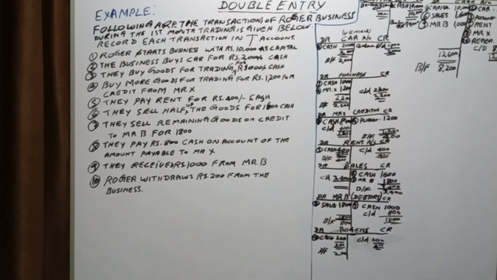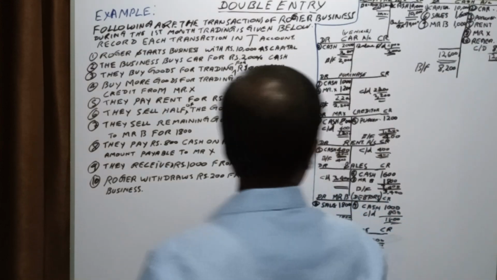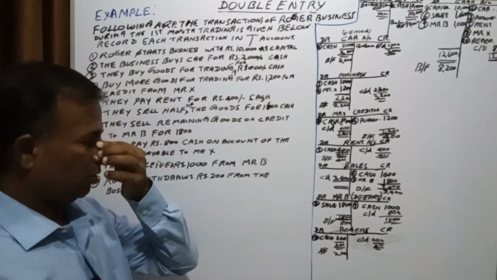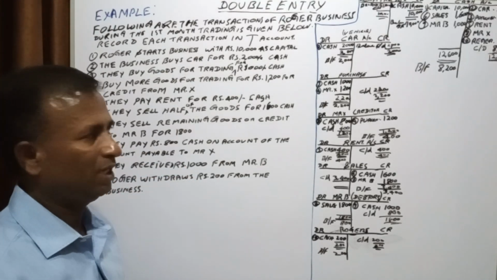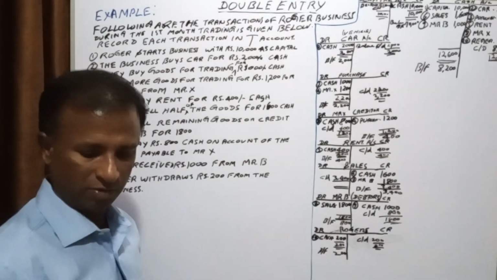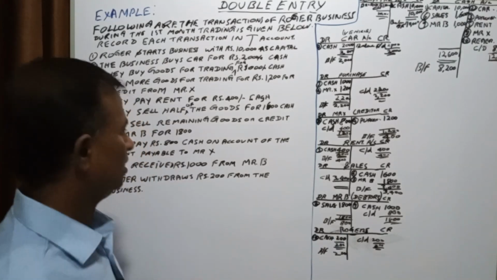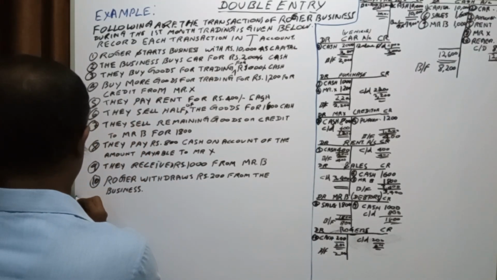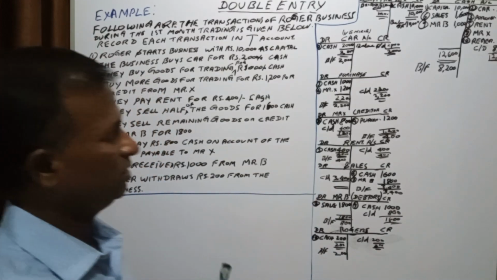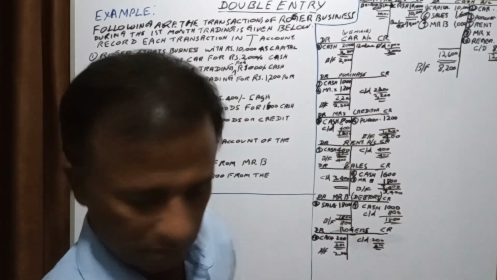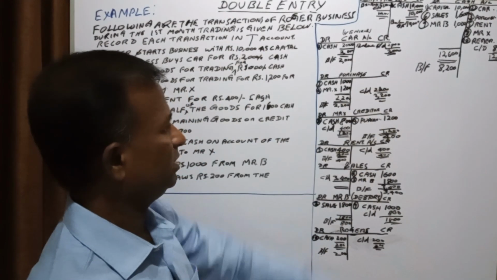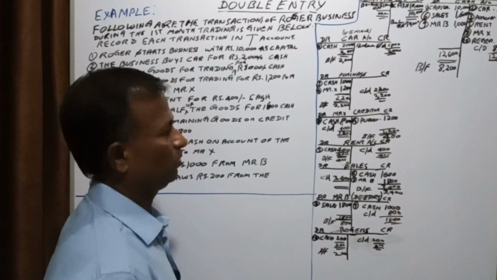If you wish, I will do the profit and loss account and the balance sheet, on this side without complicating it. Otherwise we can conclude with this, because the question asks only to record each transaction in T accounts.